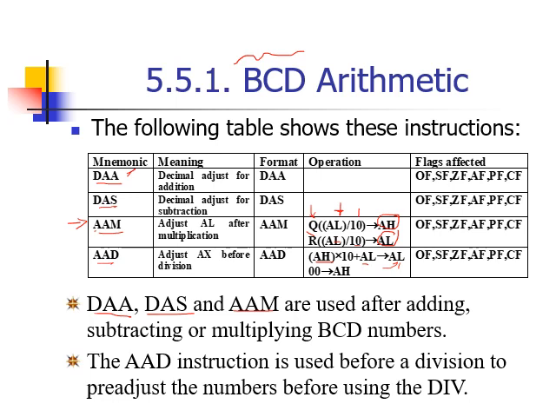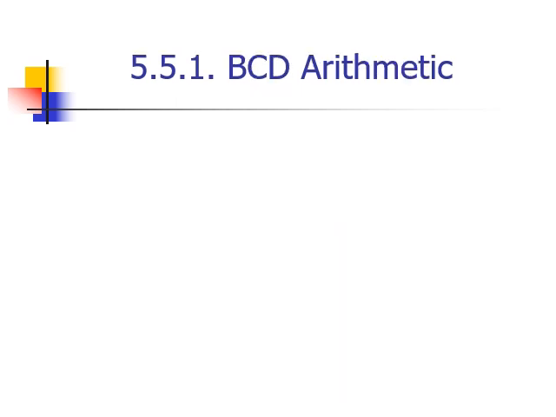While in division, you adjust your AX before the instruction. So these are done after, and this is done before. Okay, let's see this. We're adding BX, DX, and the result is placed in CX.